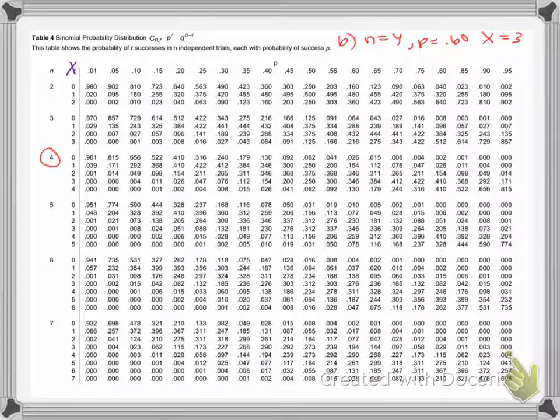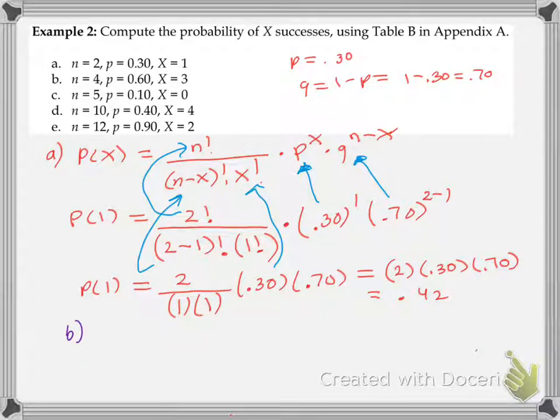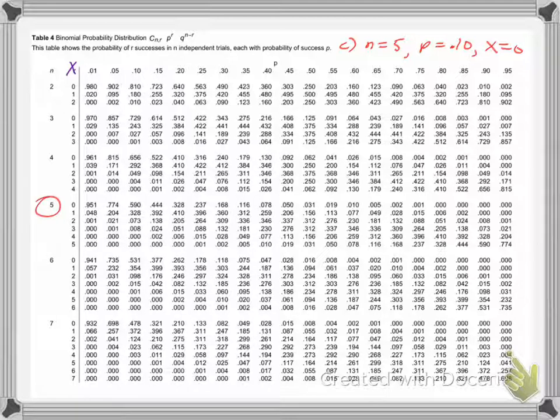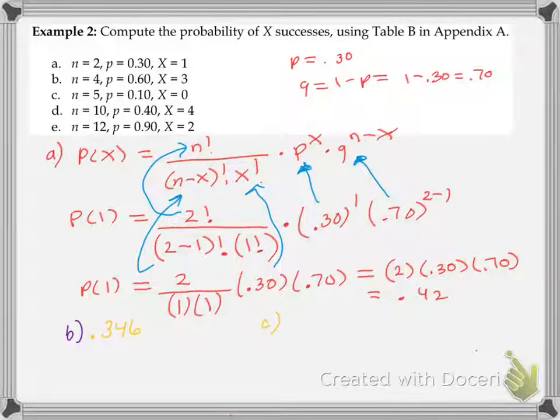Let's go to x first, 3, and then 0.60. What do we have? 0.346. You guys should have that. So B is 0.346. And then for C, n is 5, p is 0.10, and x is 0. So we go here, 5, x is 0, and 0.10. So 0.590 for C. All right, quiz time.